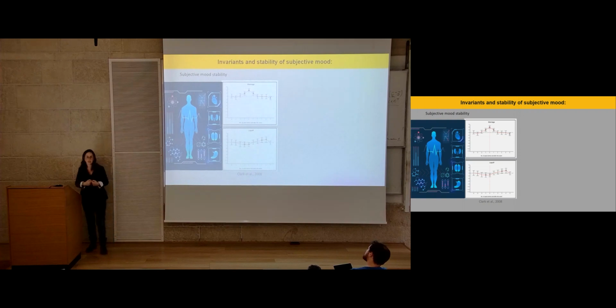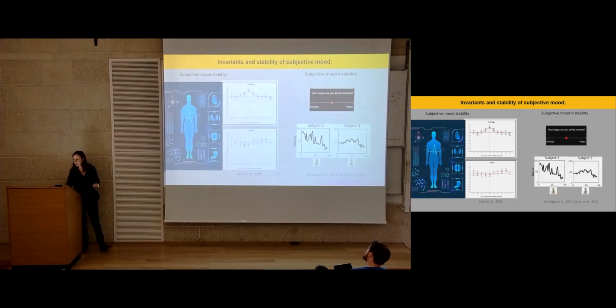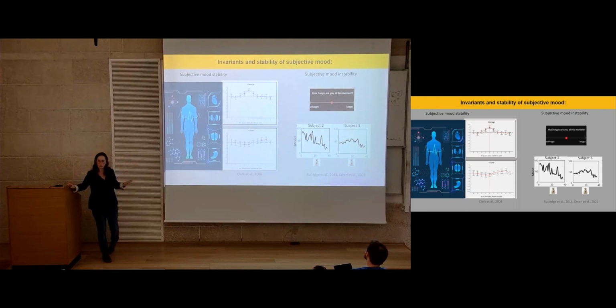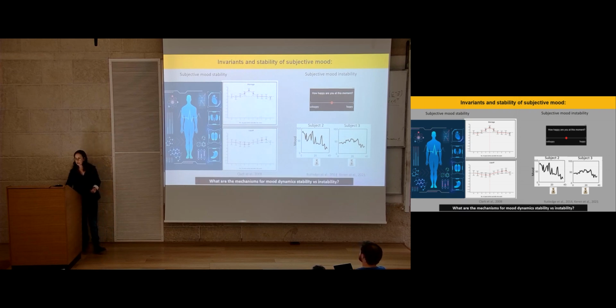It's their individual state that they go back to, which is quite surprising. On the other hand, as I showed before, we have mood fluctuations from moment to moment while we're doing just a very simple task of 15 minutes. So what are these stability versus instability, our individual traits of mood versus our individual adaptive features of mood?